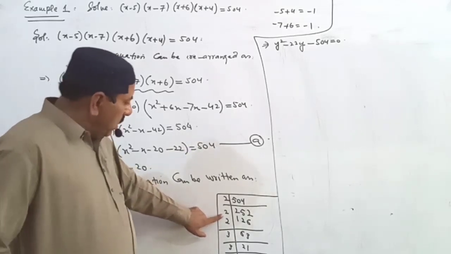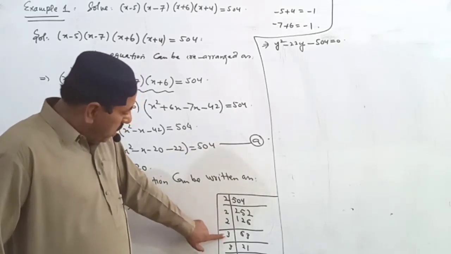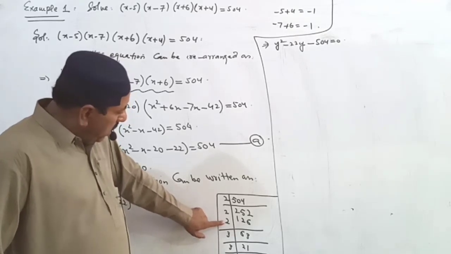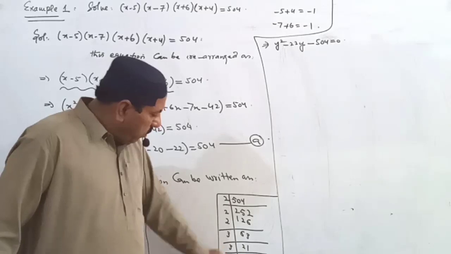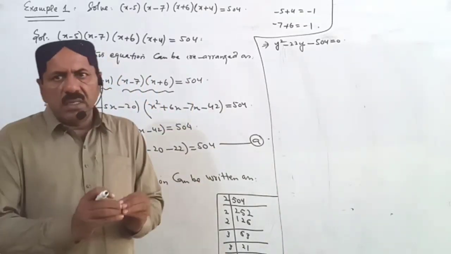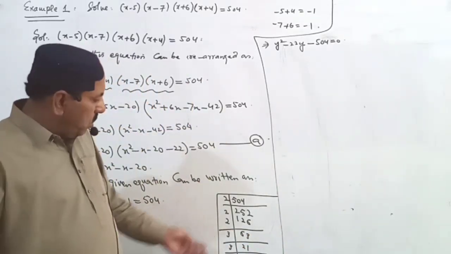So this will be 3 threes are 9, 9 twos are 18, 18 twos are 36, 2 sevens are 14. The difference of 36 and 14 is also 22.